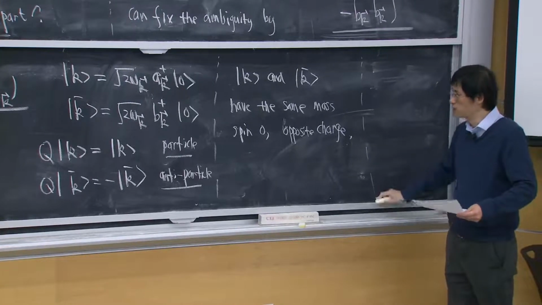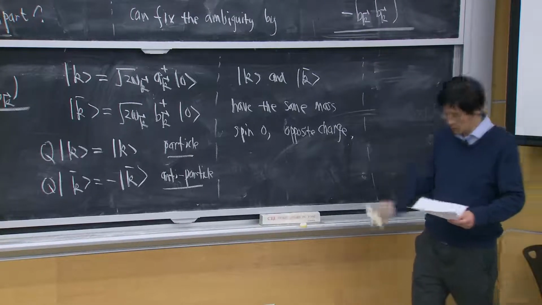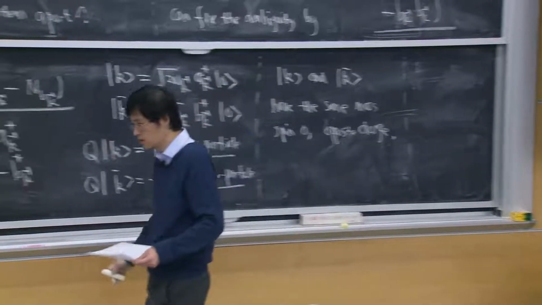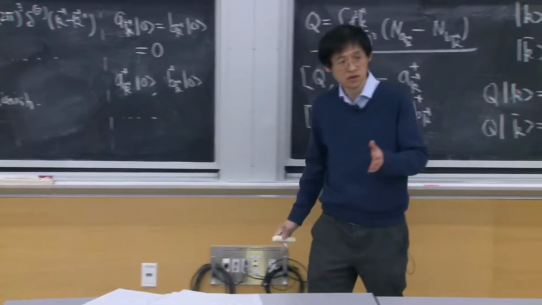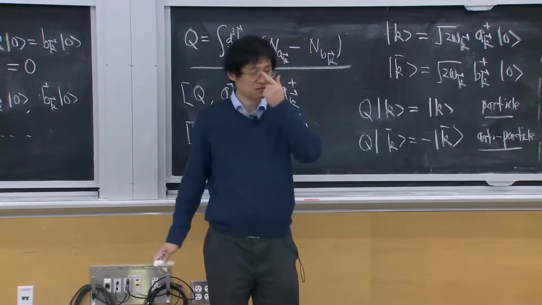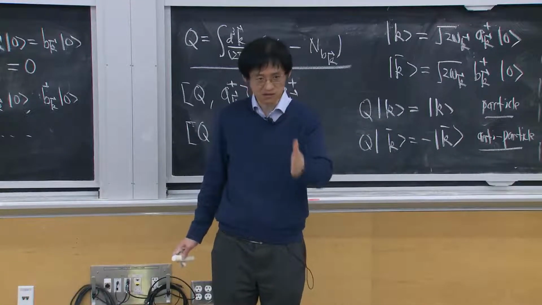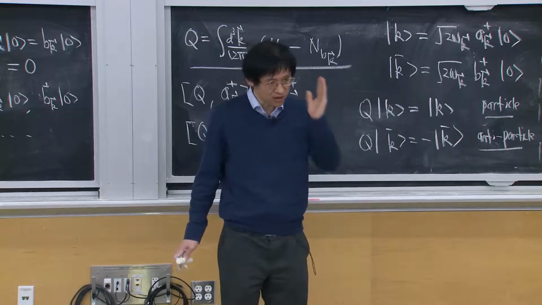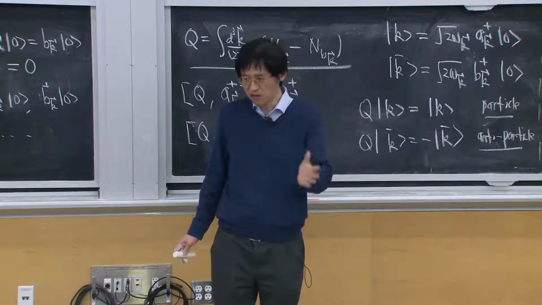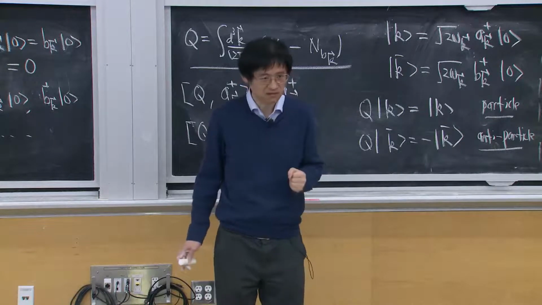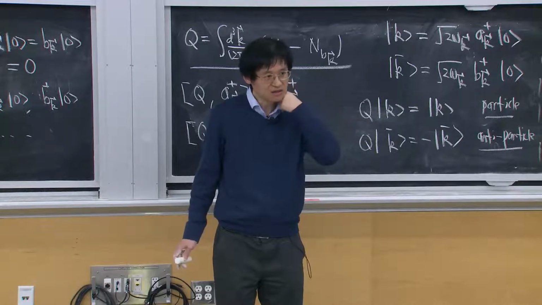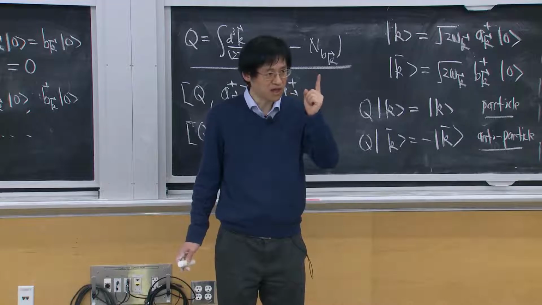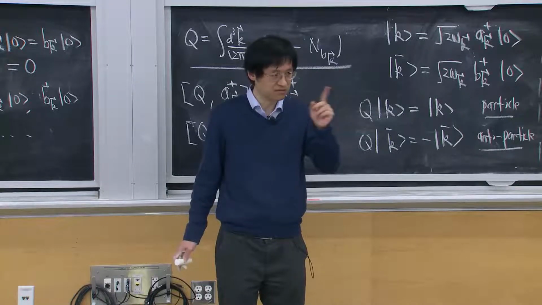Let me just make a remark without proving it. In relativistic quantum field theory, you can show that any particle has an antiparticle. In the case of the real scalar field, we only have 1 particle. In that case, the antiparticle is itself.